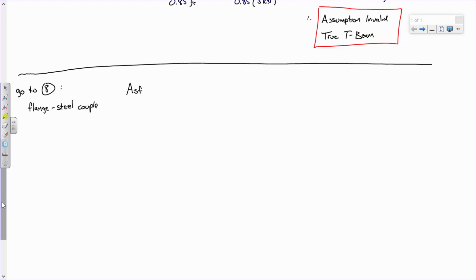Okay, so let's take ASF first. So that's 0.85 FC prime times B minus BW times HF over FY. Okay, and so that's 0.85, 3 KSI, 54 inches minus what was BW again?